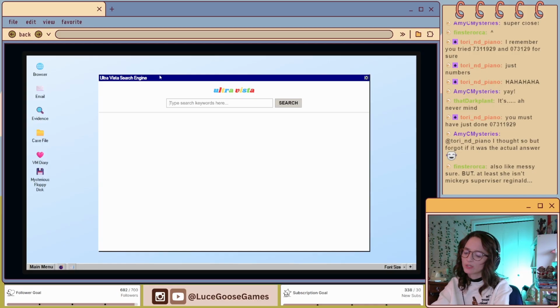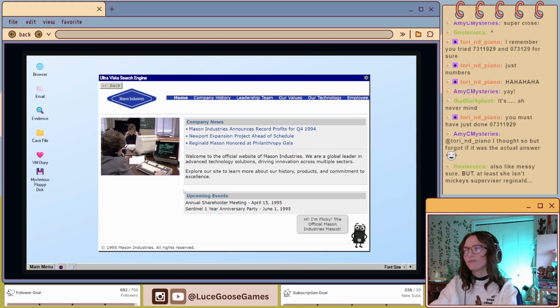What to do. The floppy disk is still locked.